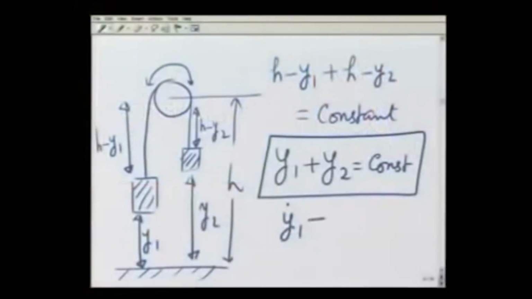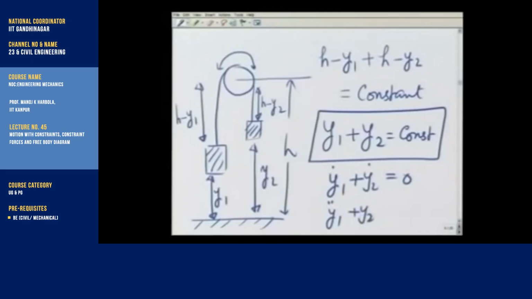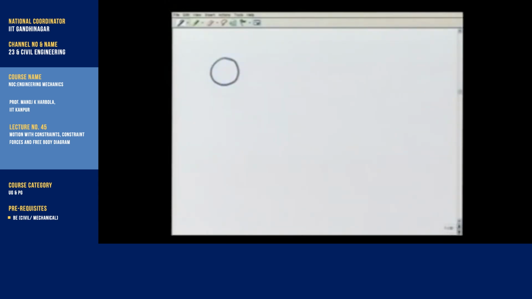To bring it to usable form, in the equations of motion I differentiate it and then get y1 dot plus y2 dot equals 0, and also y1 double dot plus y2 double dot is equal to 0. So let us write the equations once more. Again, I am solving this problem of two masses attached to a string which is passing over a fixed pulley.